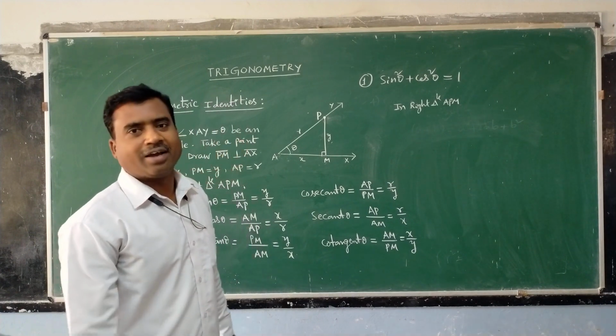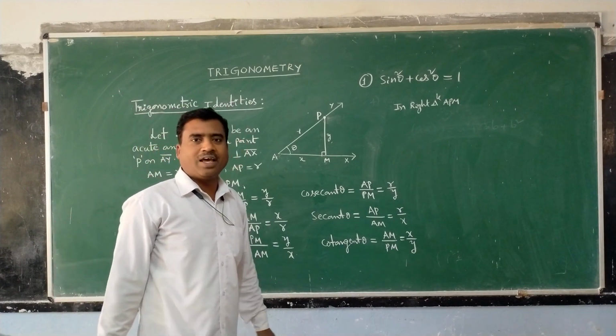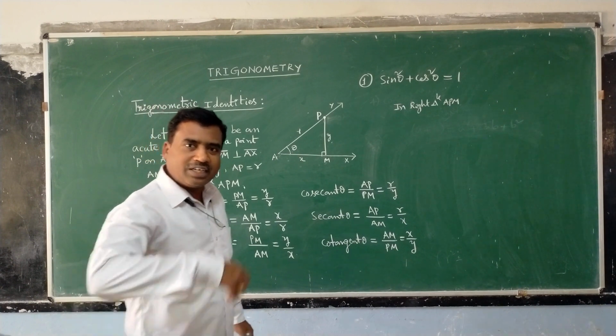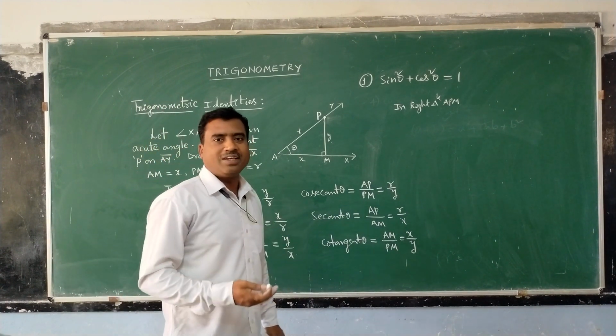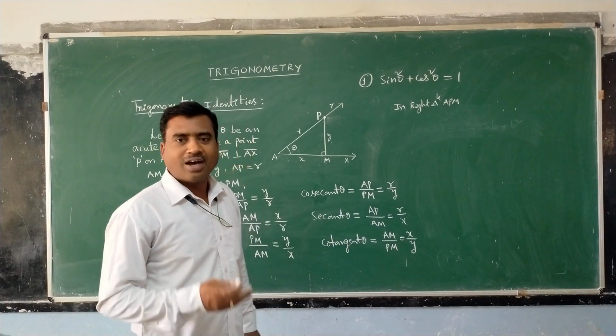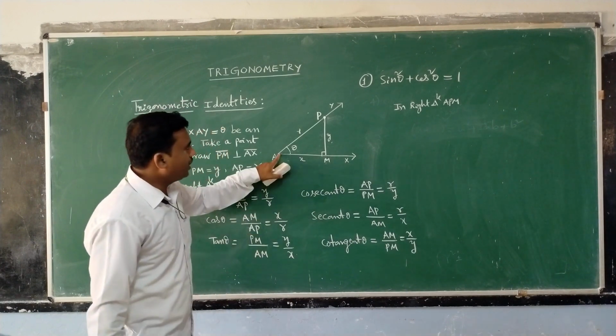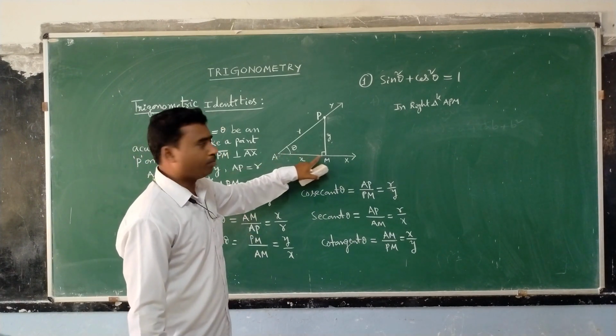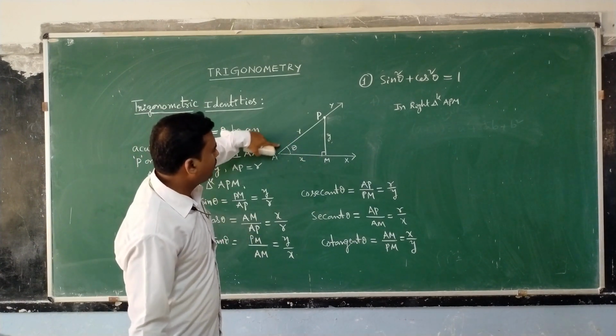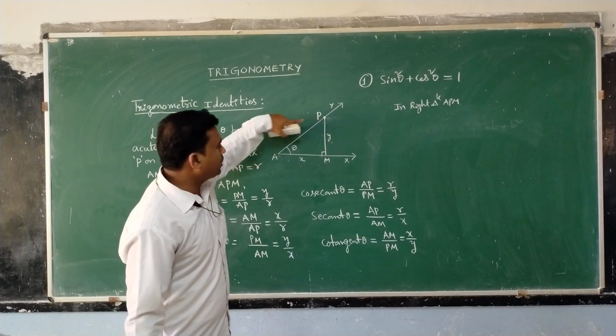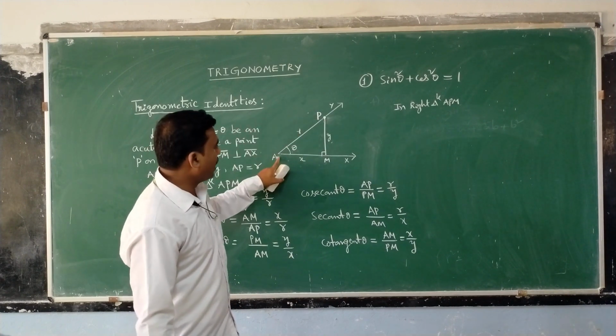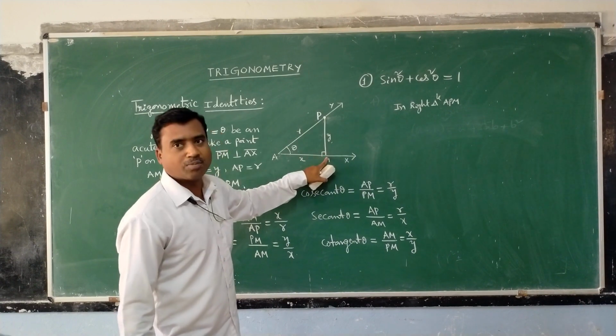In a right angle triangle, the square of the length of the hypotenuse is equal to the sum of the squares of the lengths of the other two sides. So here the hypotenuse is AP. So AP² = AM² + PM².